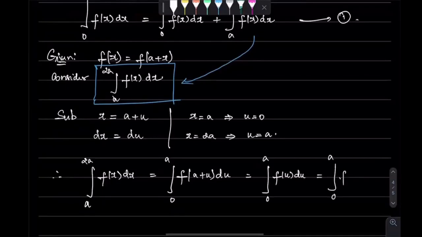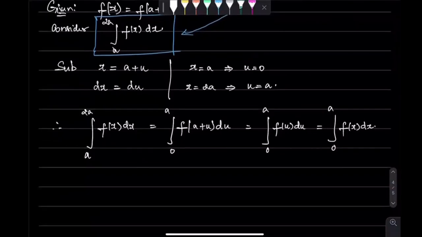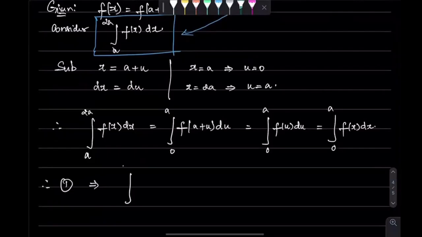So instead of this, I can use 0 to a f of x dx. Therefore, my integral 0 to 2a f of x dx is equal to 2 times the integral 0 to a f of x dx.